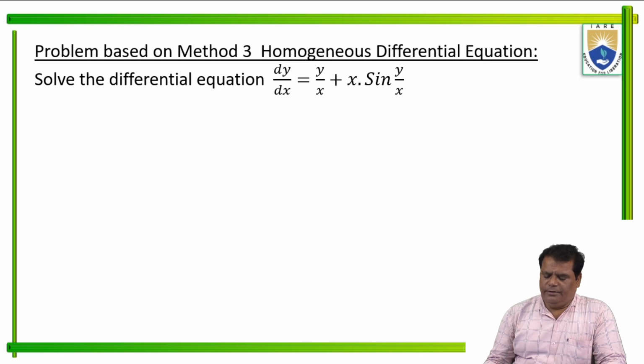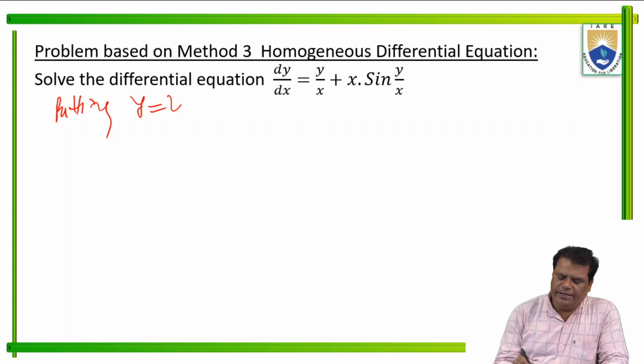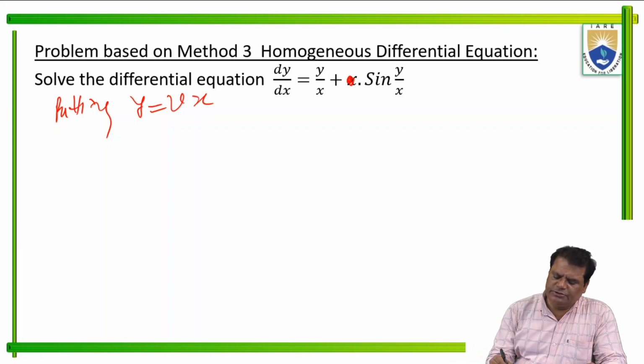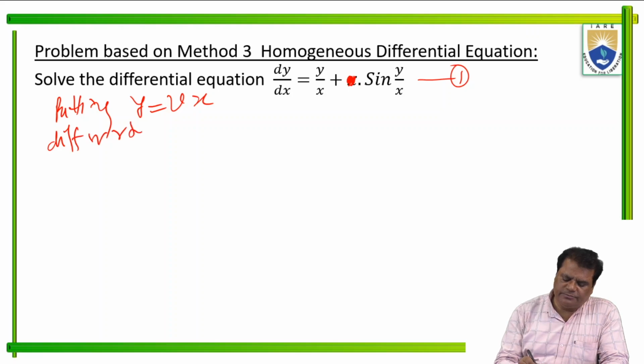So now here putting y is equal to vx. This is not here x. This is wrong. So y is equal to vx. This is equation 1. So differentiating with respect to x on both sides.